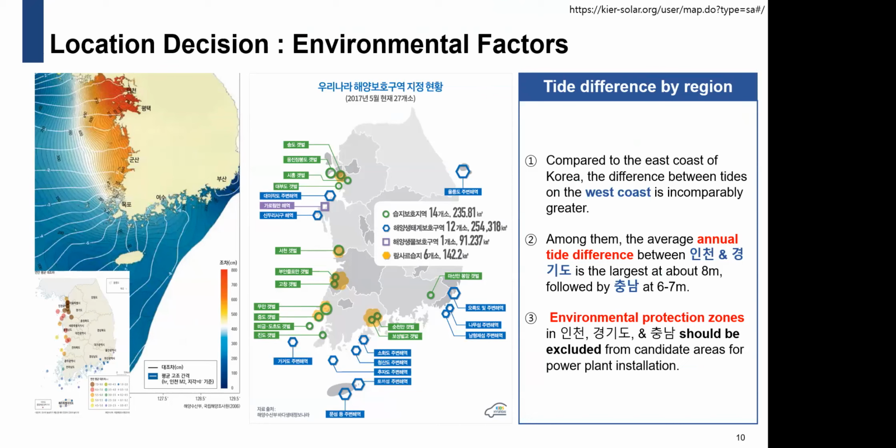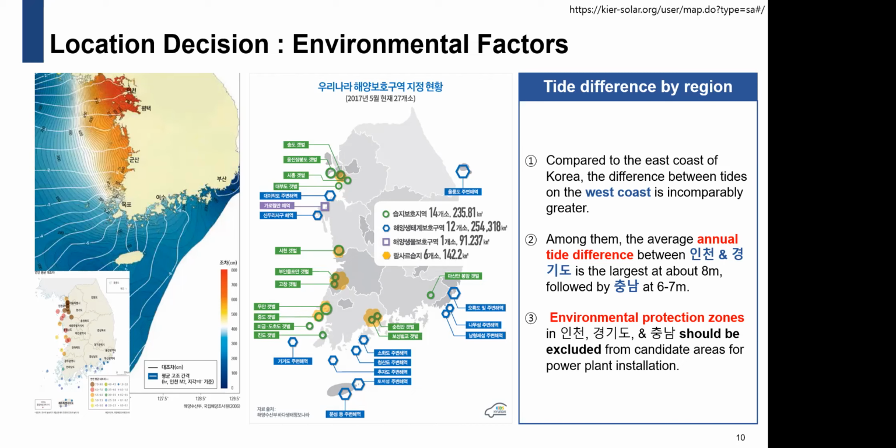These are environmental factors. We need to care about 2 things: the tidal differences and eco-friendly concerns. The left picture shows the tidal differences. Incheon and Gyeonggi have a tidal difference of around 8 meters, an annual average of 8 meters.